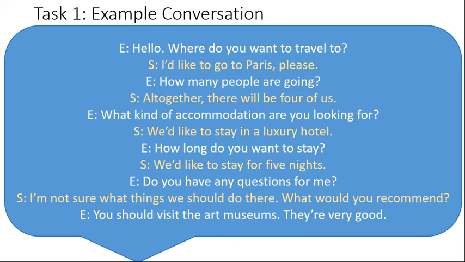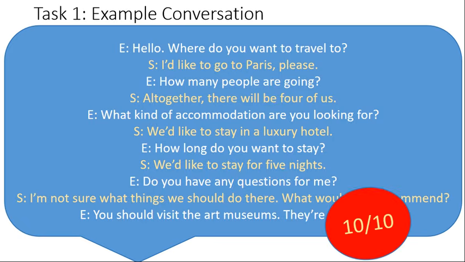Okay, so here I have answered all of the questions. I've got a keyword in my answer, but I've put it within a whole sentence. So in the first one, Paris, second one, 4, third one, hotel, fourth one, 5 nights, and then there's my question using recommend and things to do.